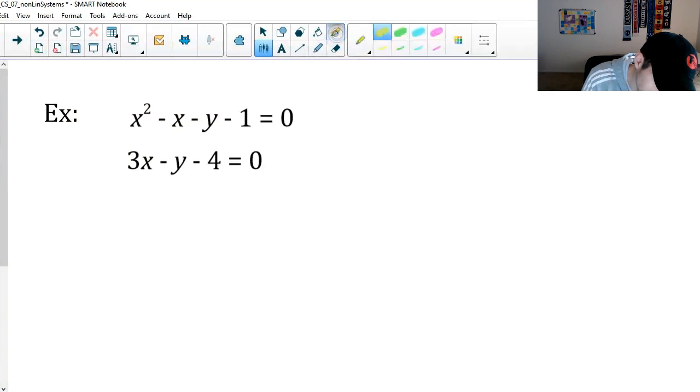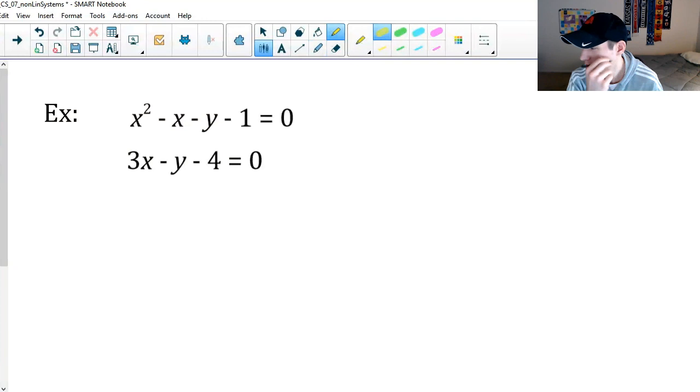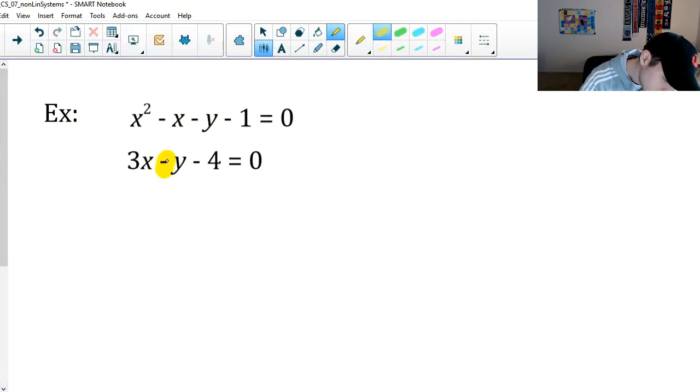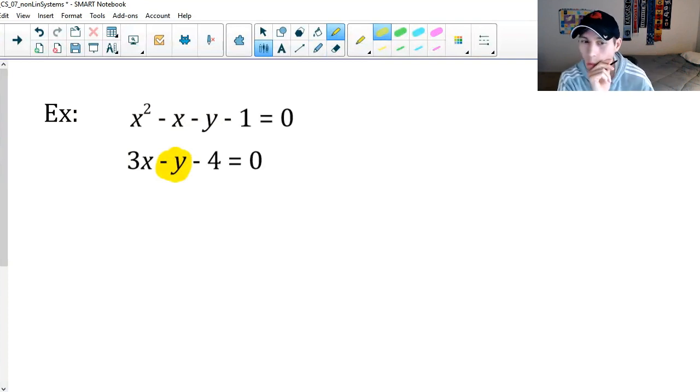The other thing I notice when I want to solve this is that we always hope we can do substitution, because that's usually an easier way of doing things. I noticed that this y just has a coefficient of 1, or technically -1 here.